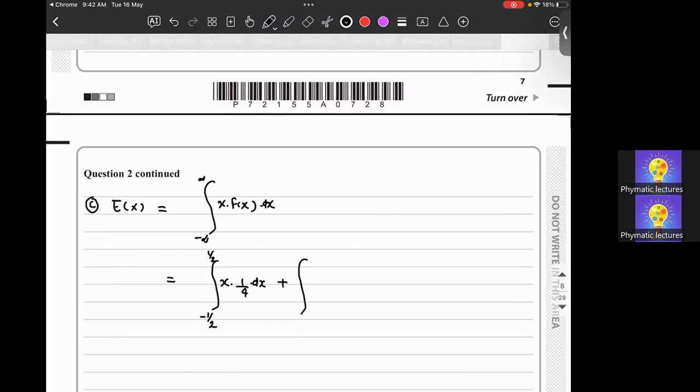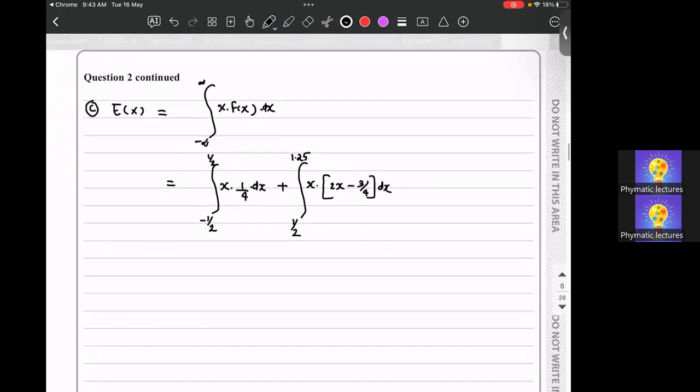plus 1 by 2 to, anyway we got this k value as 1.25, correct? So 1.25, then x into 2x minus 3 by 4 dx. If I'm integrating this, 1 by 4 into x square by 2, then we apply the limits minus 1 by 2 and plus 1 by 2, plus if I'm expanding this, it becomes 2x square, right?